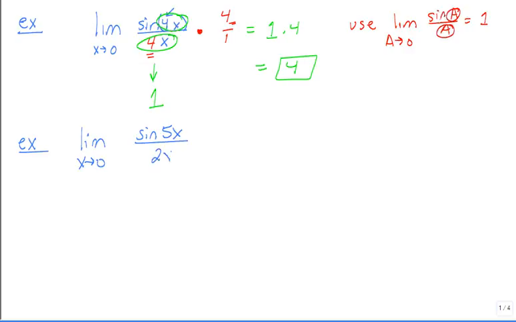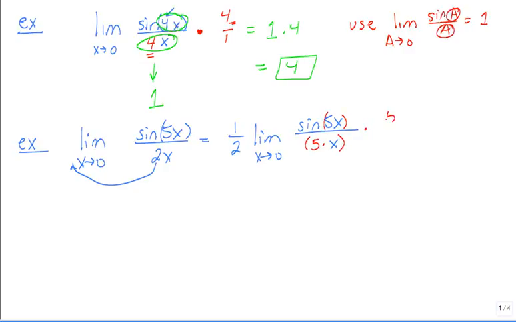Now here you have 5x inside the sine. So you have to make the denominator 5x, but there's a 2 there. Well, what we can do is take that 1/2 in front, take this 2 out in front. And again, we have to make the numerator and the denominator the same. So we're going to put a 5 in the denominator to make those the same, but then we have to put a 5 in the numerator to get rid of it, so they cancel out.